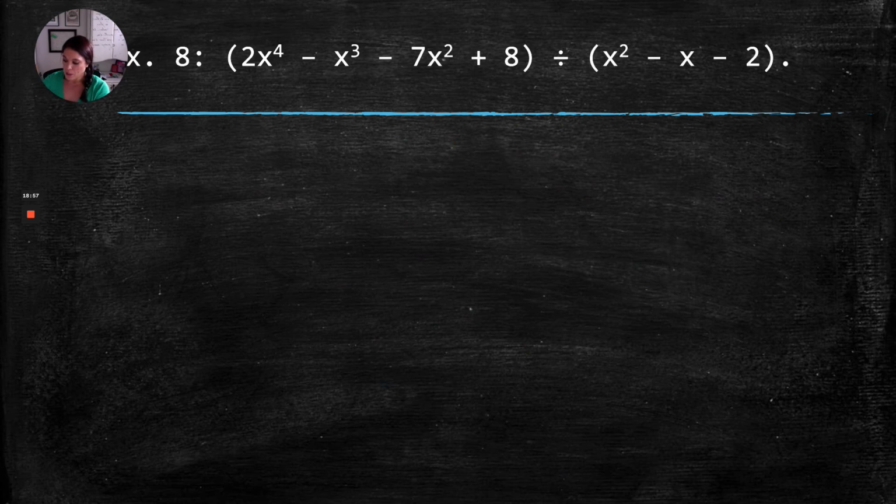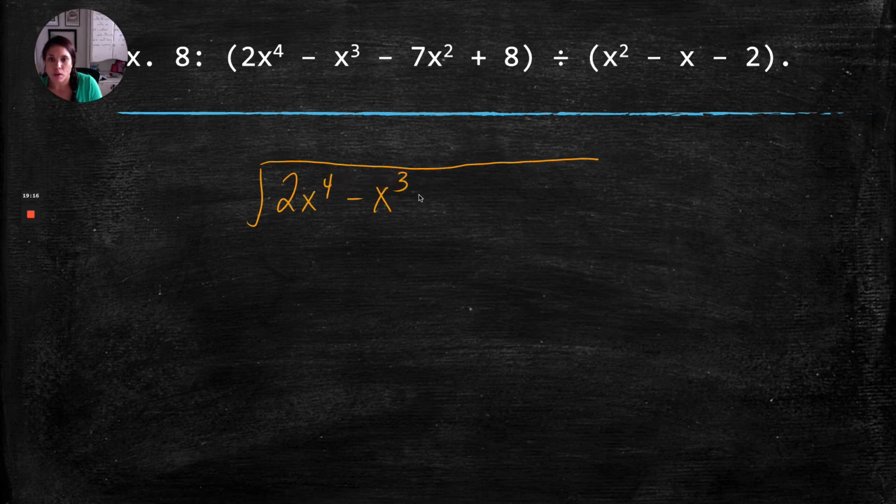All right, last problem. I have 2x to the 4th. Let's begin to write this. Okay, I've got all of my terms except for one. 2x to the 4th minus x cubed minus 7x squared.